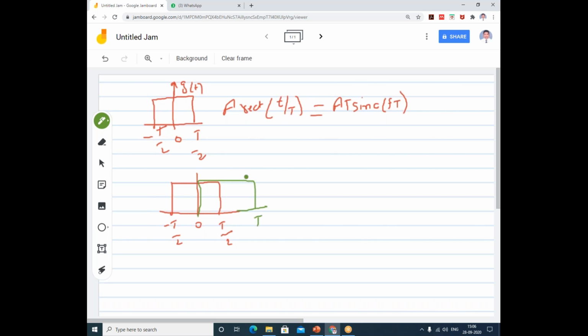Now observe it. This green one is your g_A of t, and red one is your g of t. Now tell me the relation between g_A of t and g of t.